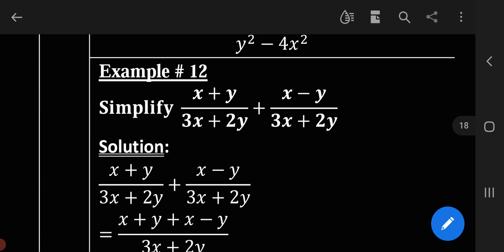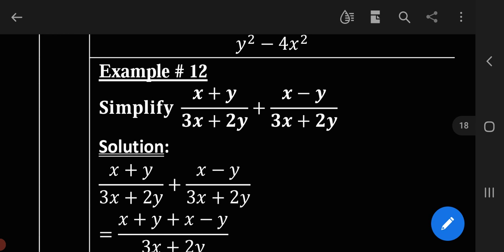What does reciprocal mean? It means that your numerator will become the denominator and your denominator will become the numerator. Then you have converted the question from division into multiplication form.